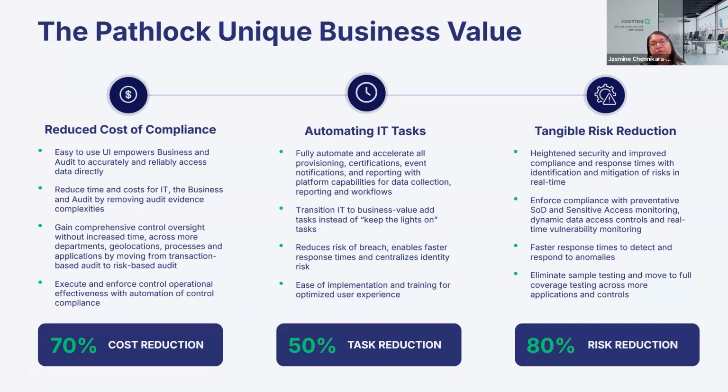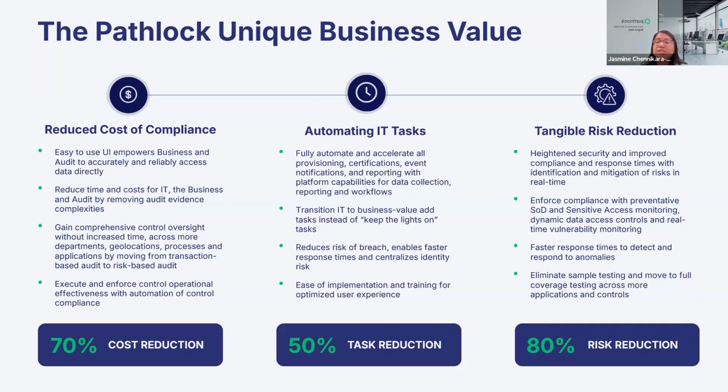With Pathlock, enterprise access governance becomes a simpler, stronger, and more scalable solution because we have connectors to SAP and non-SAP applications. So you can break down those silos and manage access through a single pane of glass. We enable compliance-centric identity and access governance.